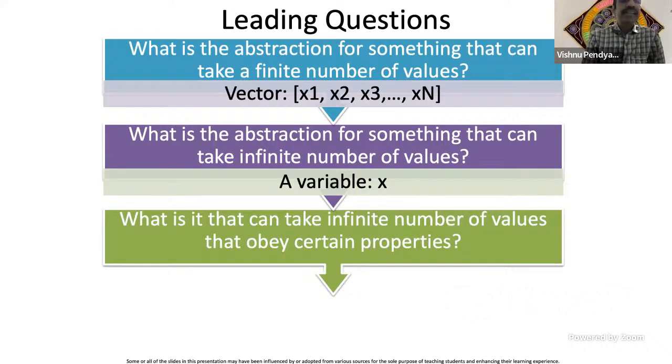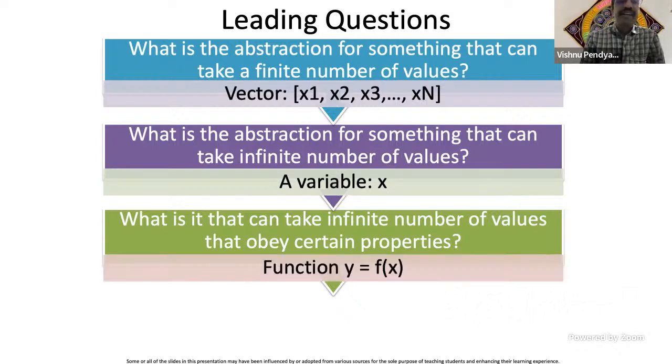Now, what is it that can take an infinite number of values that obey certain properties? Now it gets a little more interesting. And the answer is a function, right? A function is more well-defined than a variable.